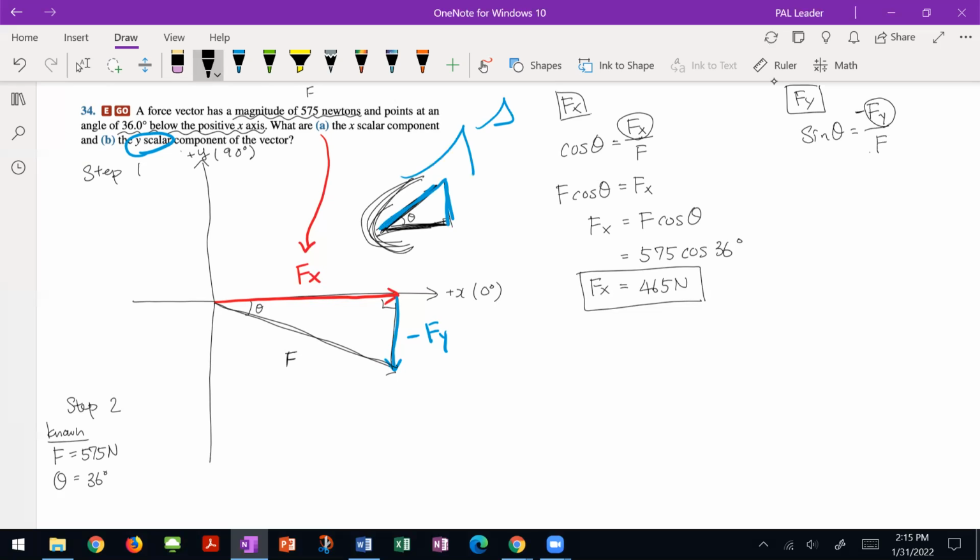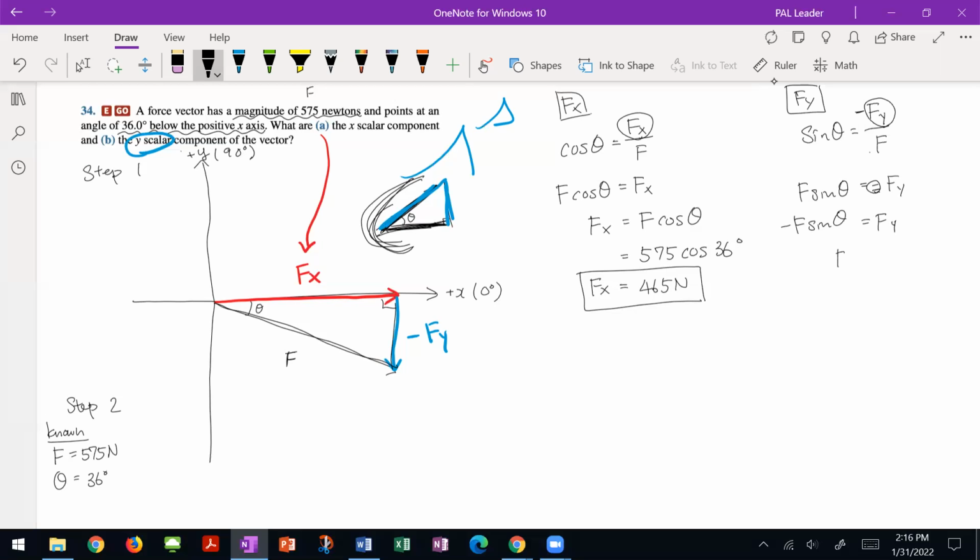I'm going to try and solve for Fy. I'm going to multiply both sides by F first, so we get F sine theta equals negative Fy. I'm going to flip the signs because I don't like that negative there. Sorry, I forgot to write the Fy.